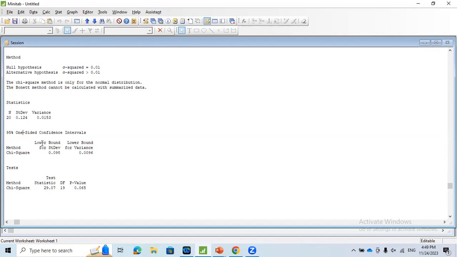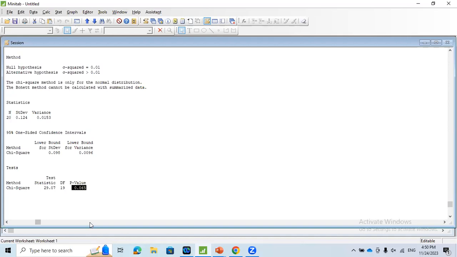This is the lower bound for standard deviation. This is the lower bound for variance. That's right. And this is the conclusion about p-value and test statistic. The p-value is greater than alpha, right? 0.065. You accept. And also the variance is 0.0096.